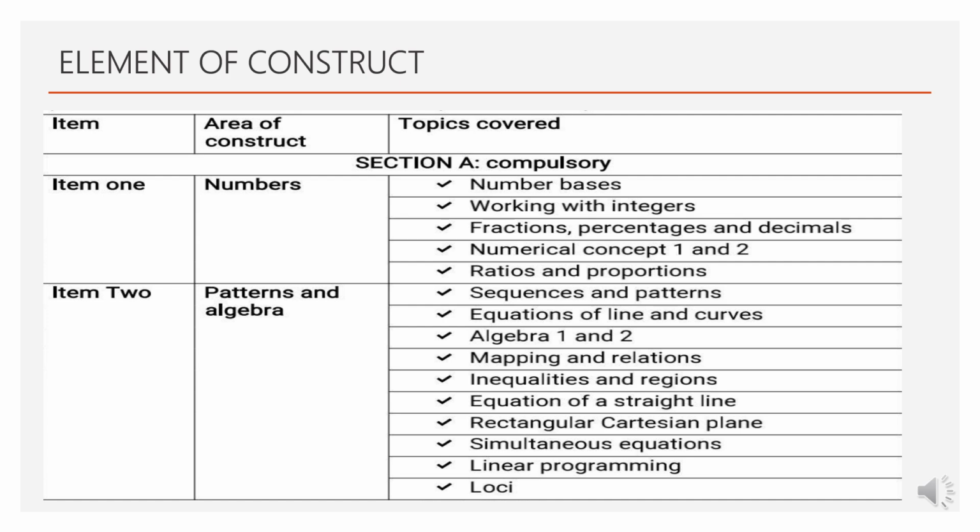Rectangular Cartesian plane senior 1. Simultaneous equations senior 3. Linear programming senior 3. And then the loci or the locus senior 3. However, even senior 4. So this is section A, that is compulsory, and the item taker must attempt these 2 items.